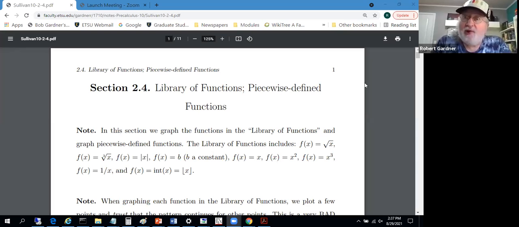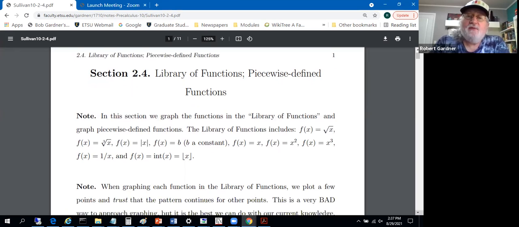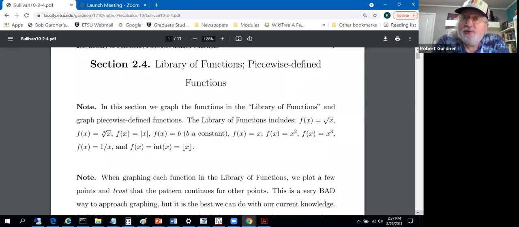Okay, today it's Library of Functions Day and piecewise defined functions. So what we're going to do here is introduce several functions, and somewhat take for granted that the graphs produced in the book are the accurate graphs.